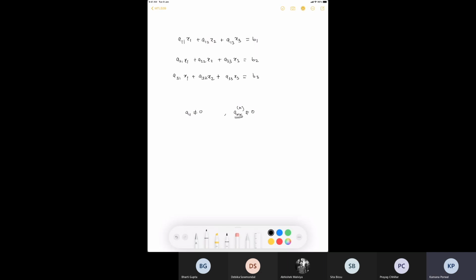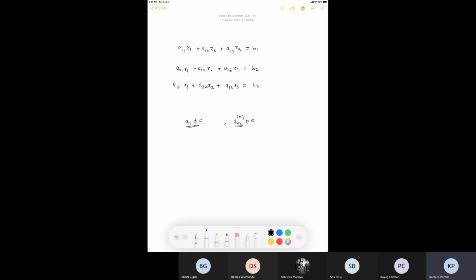So we'll try to see how we can modify the Gauss elimination method so that we don't have to keep these additional assumptions. So this is a modified Gaussian elimination method, and the modification will be done by partial pivoting.